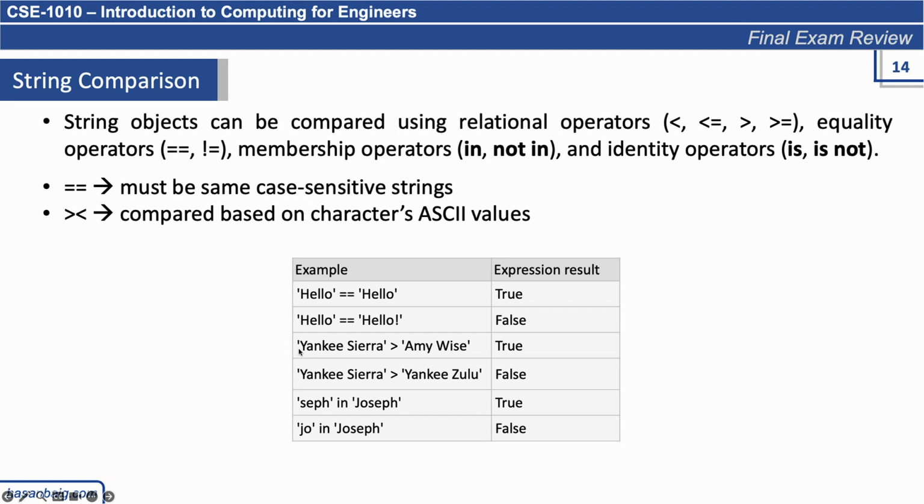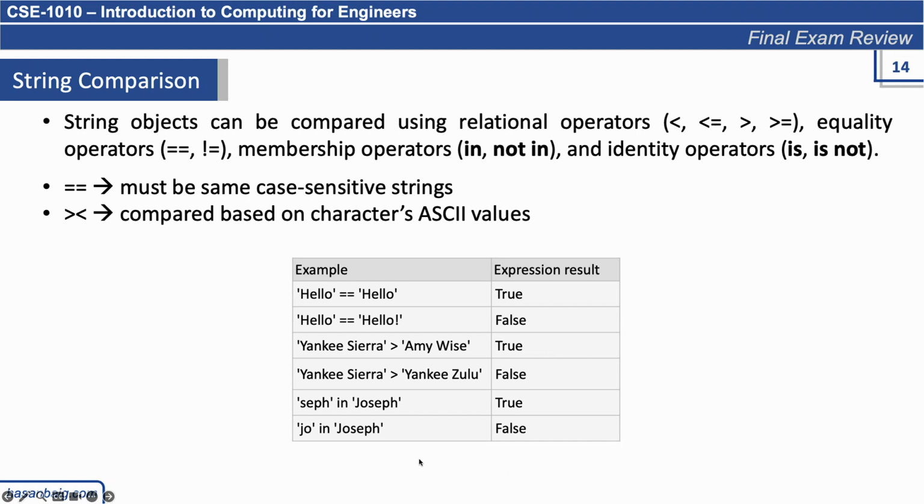Y has an ASCII value greater than the first character of the second string, A. A has an ASCII value of 65, which is just additional information, and Y has an ASCII value somewhere before Z. I think it would be 65 plus 25, which would be 90. So the ASCII value of the first character is greater than the ASCII value of the first character in this string. So it is overall considered a larger string than this one. That's why it returns true.